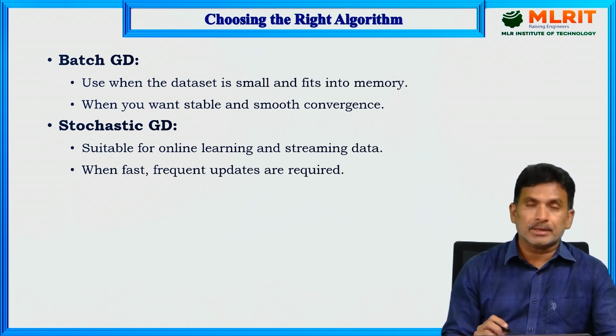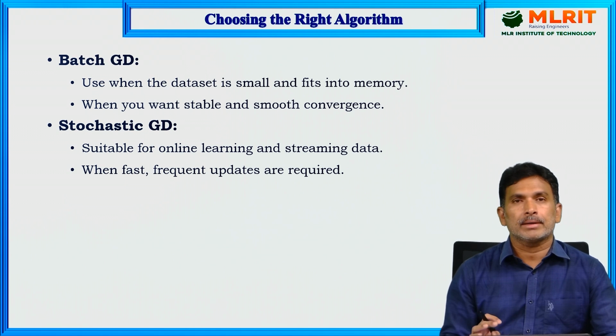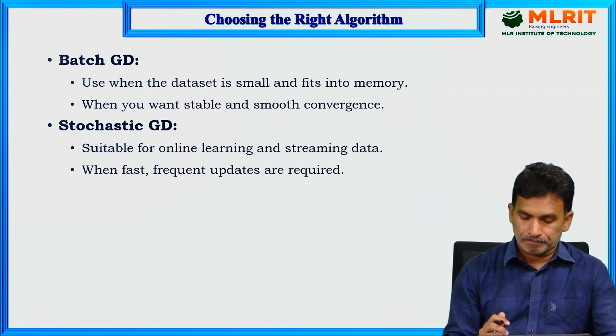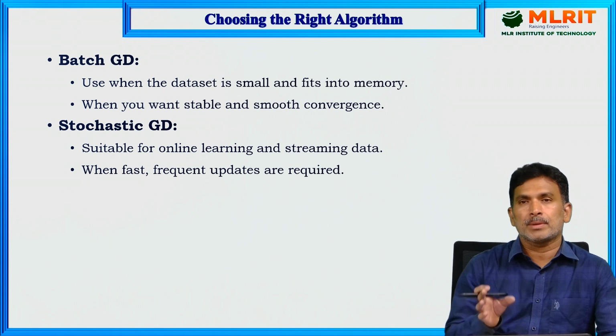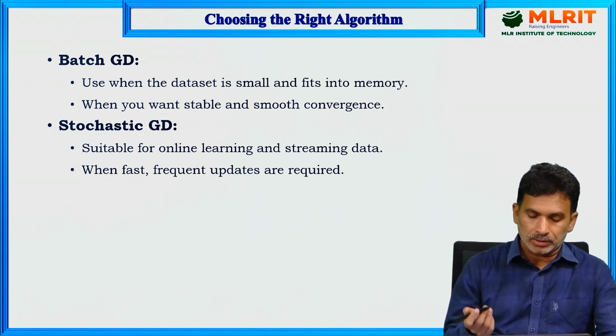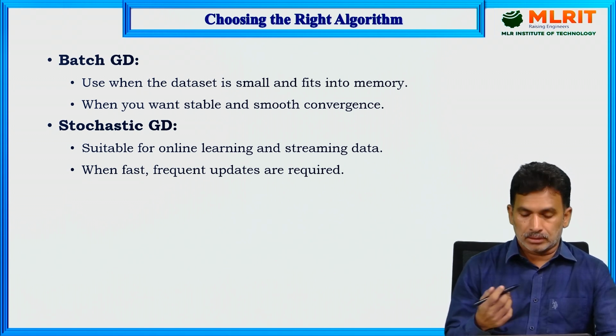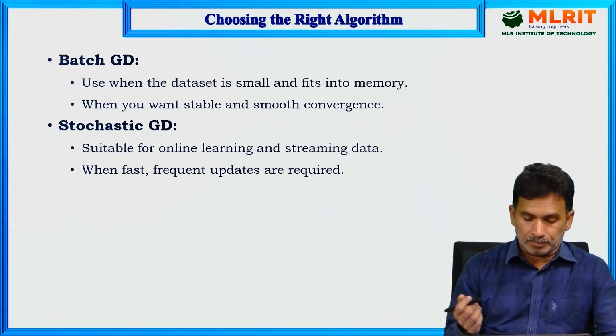Stochastic gradient descent is mainly suitable for online learning and streaming data, because we will not store the data which is coming like a stream.